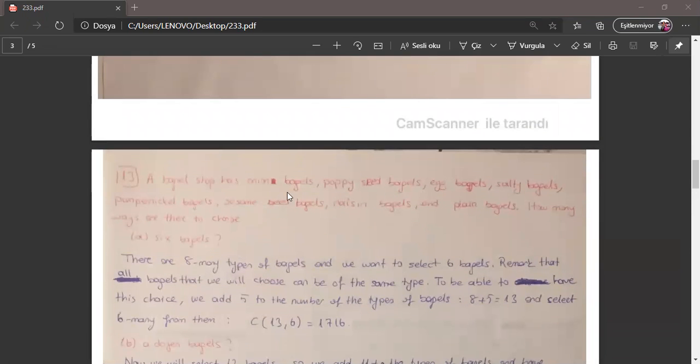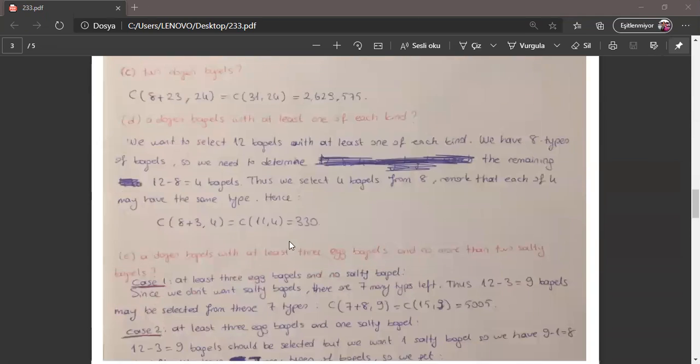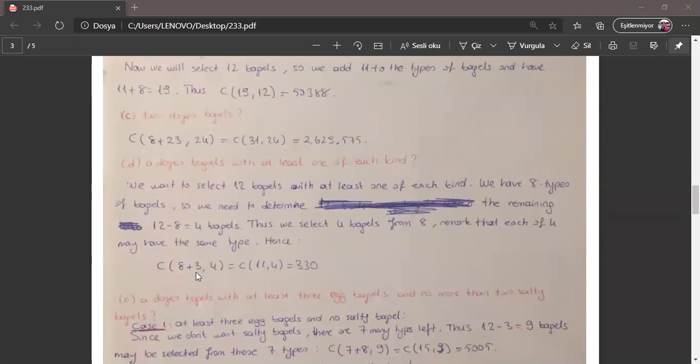For each type, we have one representation here. But here we have 4 bagels, so we need to add 3 to be able to choose again and again of the same type. So we have 11 choose 4.